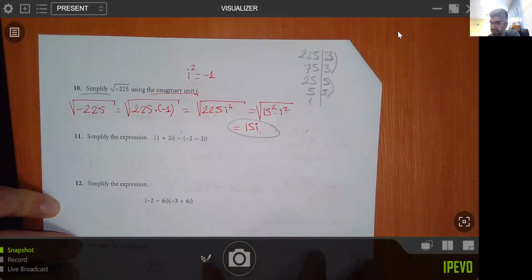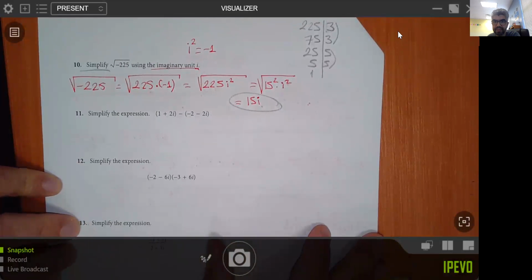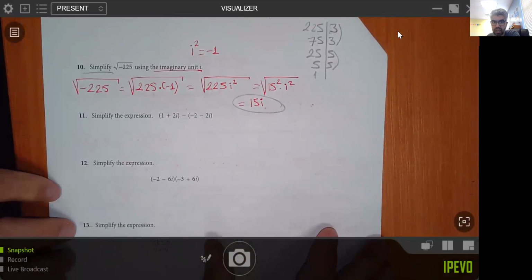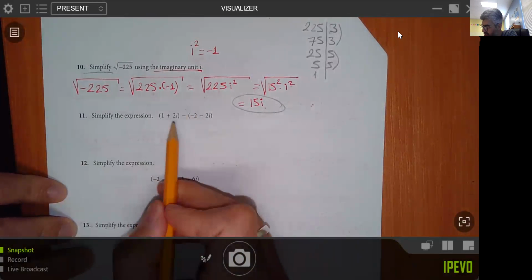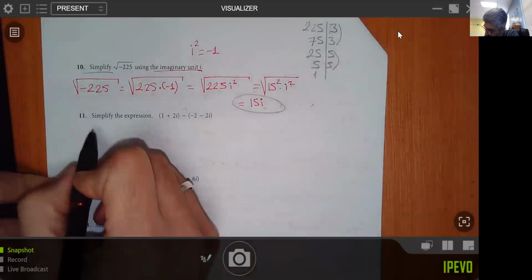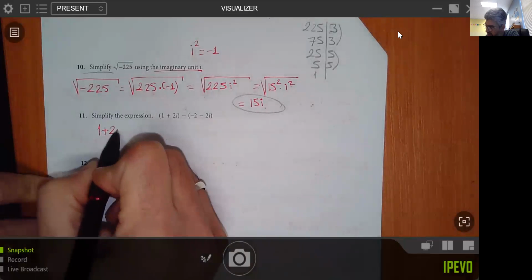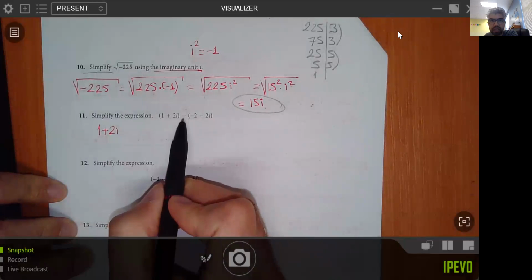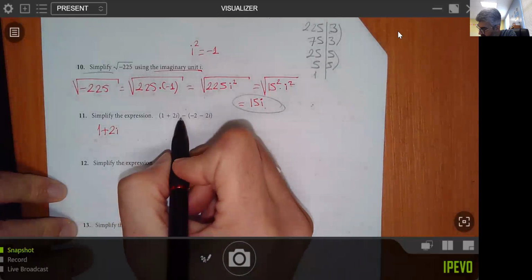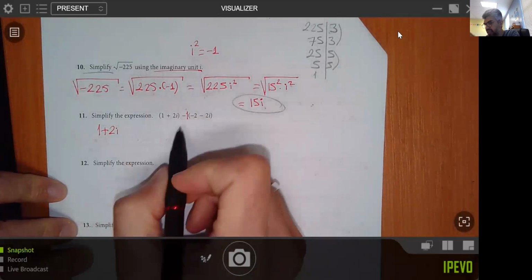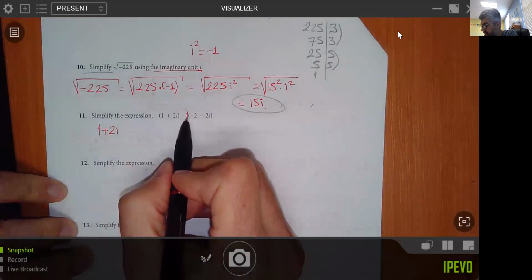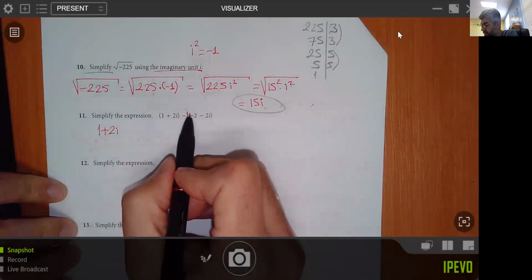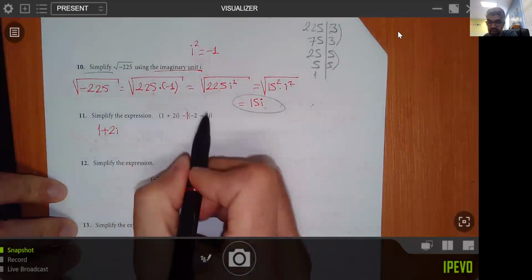Okay, number 11. Ready? Simplify the expression. It's just subtraction, guys. Okay, so 1 plus 2i. What is important here? Distributive property. When we have minus here, actually, we know it's just like -1, yes? And we multiply this -1 by -2 and by -2i.